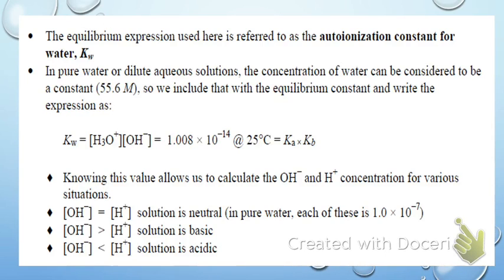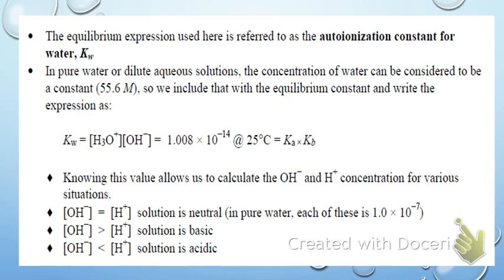Technically 1.0008, but we're going to use 1 times 10 to the negative 14 at 25 degrees Celsius. Okay? Remember, K is affected by temperature, so if we change the temperature of the water, then that is a slightly different number. Why 25 degrees Celsius? Because that is basically room temperature.